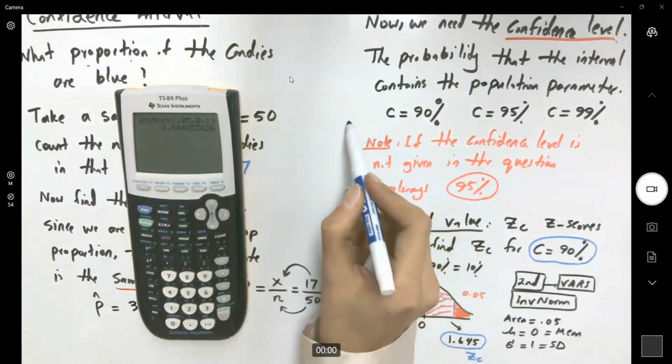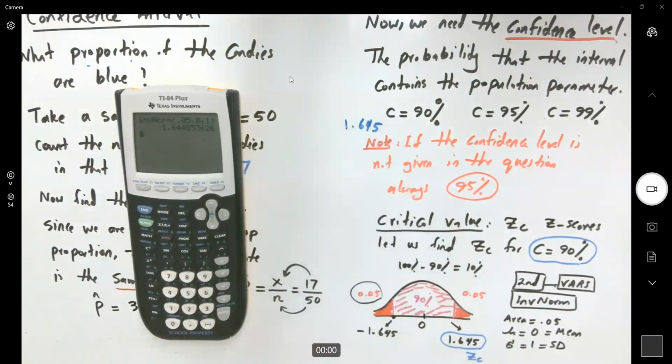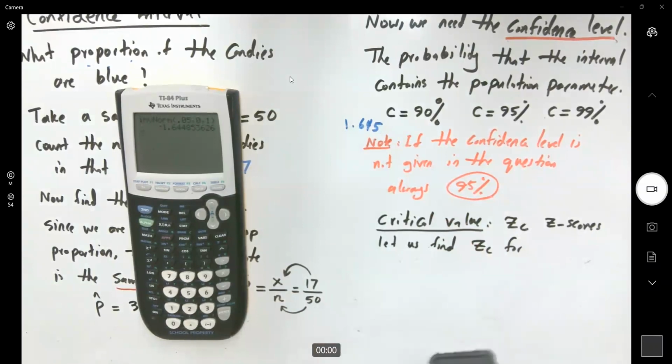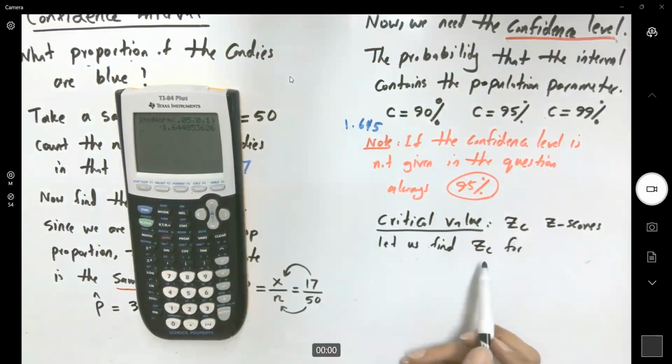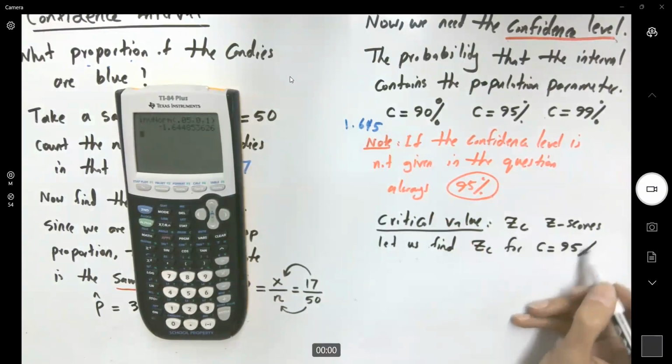1.645. Okay, I'm going to erase this part of the board and then try to find the critical value for 95%. Let us find ZC for confidence level 95%.